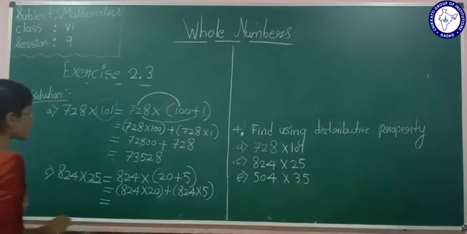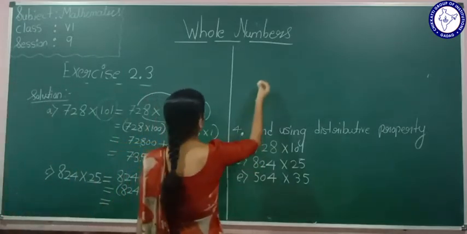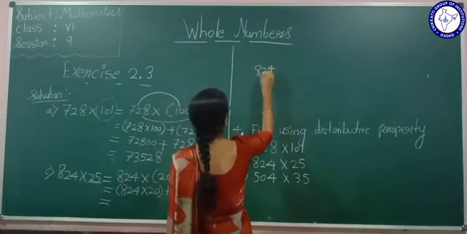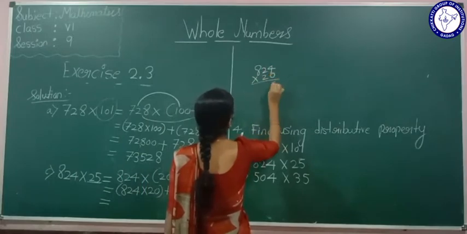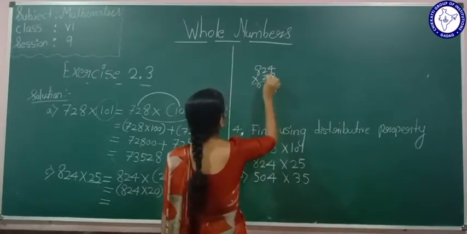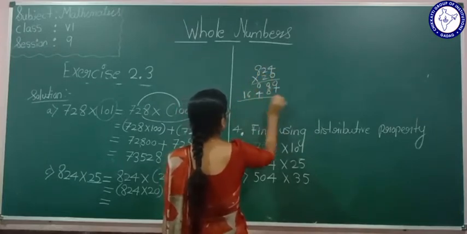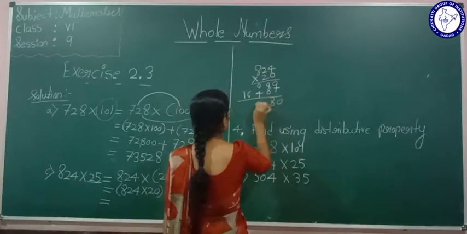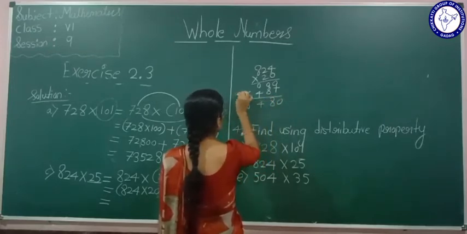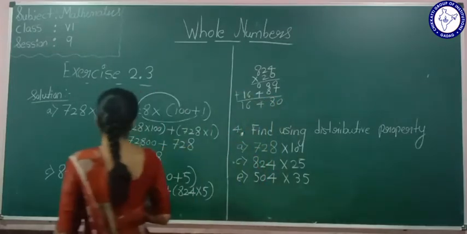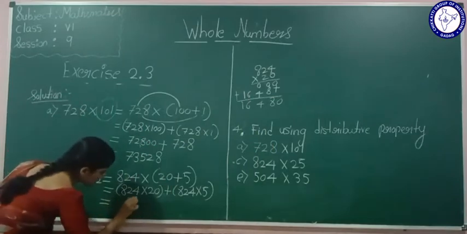Now see what is 824 multiplied by 20? 2 4s are 8. 2 2s are 4. 2 8s are 16. The answer will be 16,480.